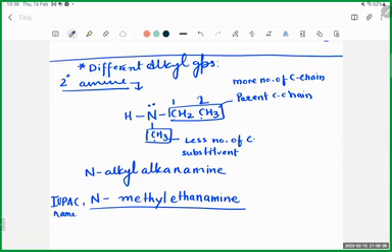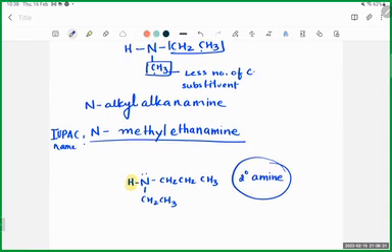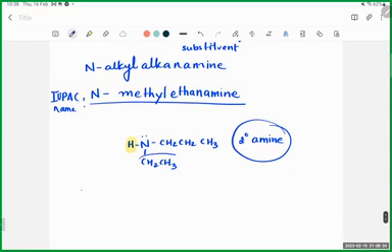Will you try one example? This is 2-degree because it holds 1 hydrogen with it. So it is obviously a 2-degree amine. Yes, ma'am. Now give the IUPAC name. Here we have less carbon. Here we have more carbon.